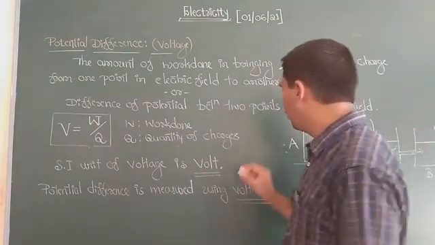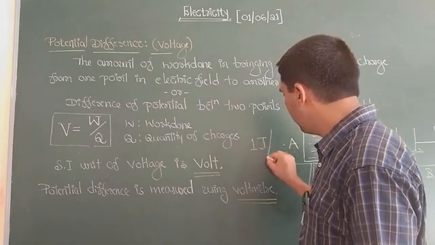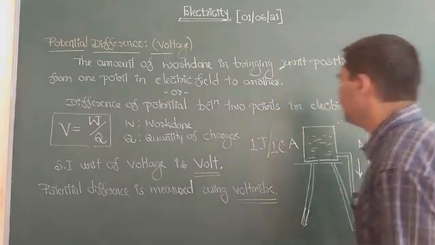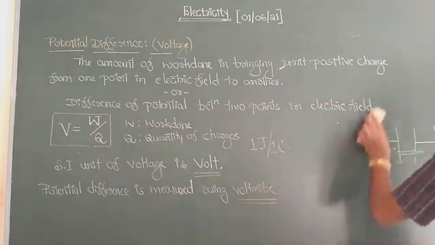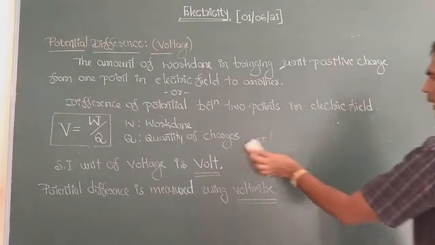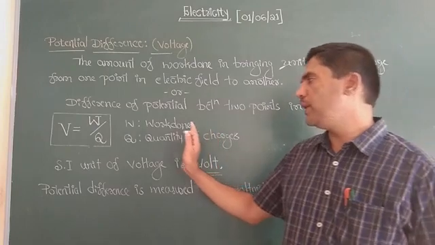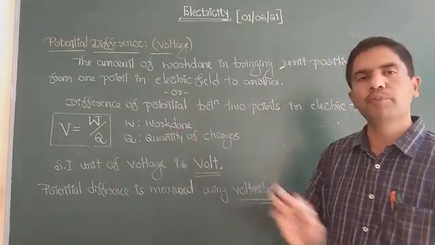If 1 joule of work is done in moving 1 coulomb of charge from one point in the electric field to another, we say the potential difference is 1 volt.